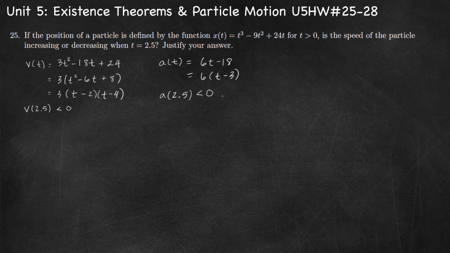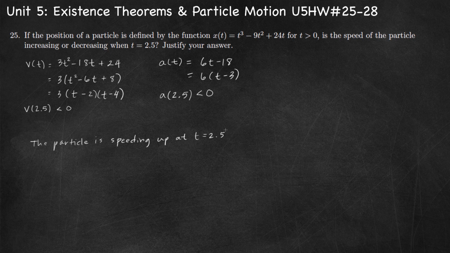So at this time, 2.5, my velocity is negative and my acceleration is negative. And when the velocity and acceleration have the same sign, the speed of the particle is increasing. So we can say the particle is speeding up at time t equals 2.5.